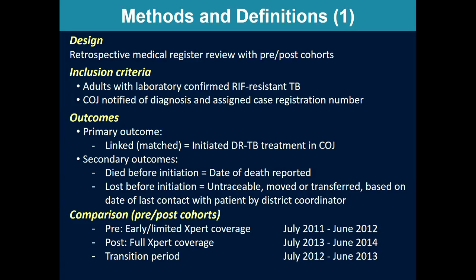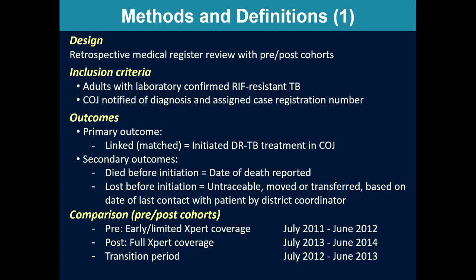So this was a retrospective medical register review with pre- and post-cohorts. This included adults with a laboratory-confirmed RIF-resistant TB diagnosis, where the City of Johannesburg was notified of the diagnosis, and the patients were assigned a case registration number.